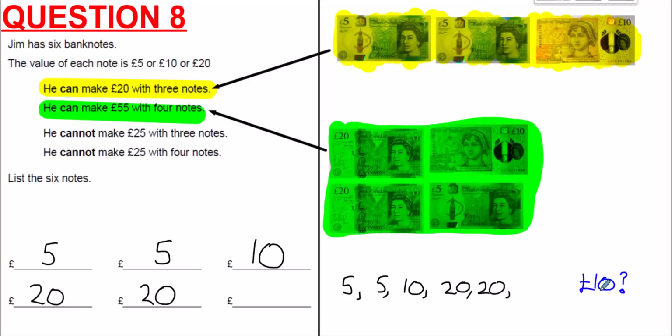And so the other note can't be a £10 either. So what we do know then is that the other note must be a 20. And so that's told us what all the 6 notes would be. 2 £5 notes, 1 £10 note, and 3 £20 notes. And that solves the problem.